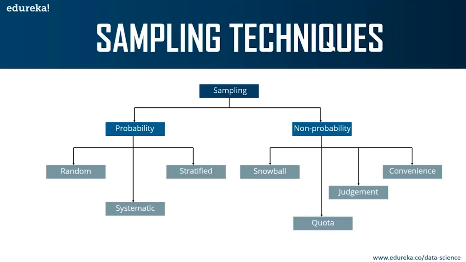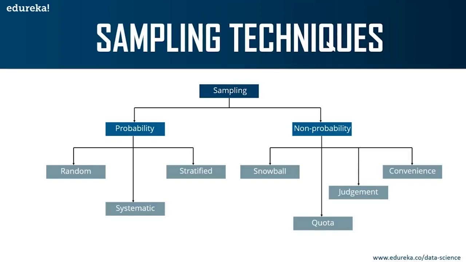Now, there are two main types of sampling techniques that I'll discuss today: probability sampling and non-probability sampling. In this video, we'll only be focusing on probability sampling techniques, because non-probability sampling is not within the scope of this video. We'll only discuss the probability part because we're focusing on statistics and probability, correct?